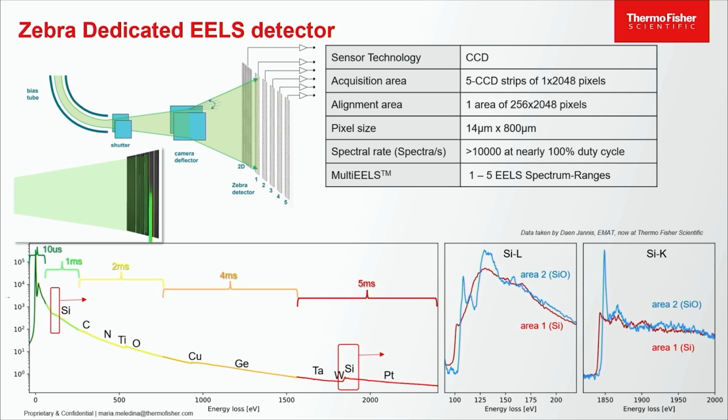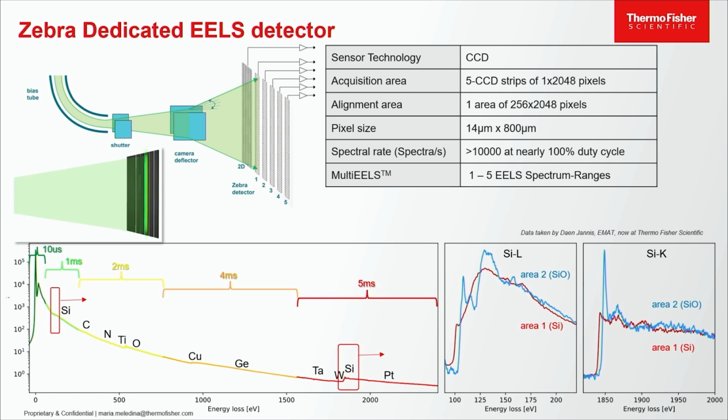All the data from EELS which I was showing so far are taken with our own detector. We called it Zebra because it has a very elegant design, right? It has stripes, 5 CCD stripes, which are one-dimensional. So there is 1 pixel by 2K pixels.